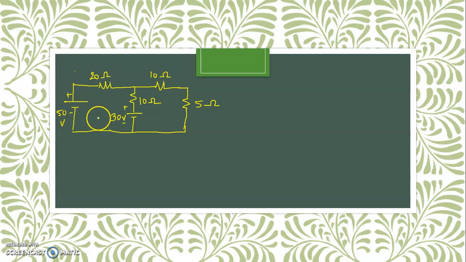Now for this particular given network, the number of loops present is 2. Loop 1, loop 2. Consider the orientation of current for loop 1 is clockwise. Similarly for the second loop.